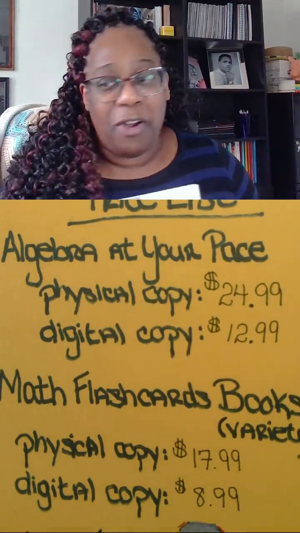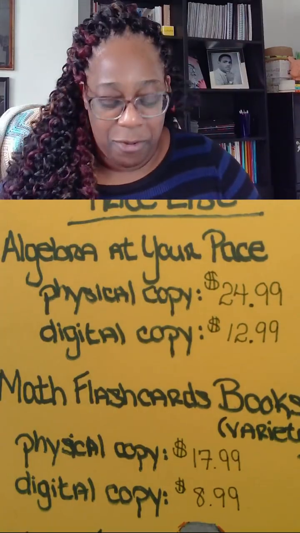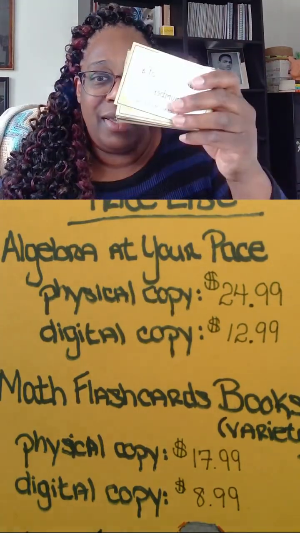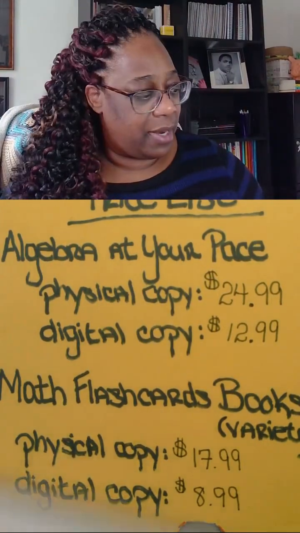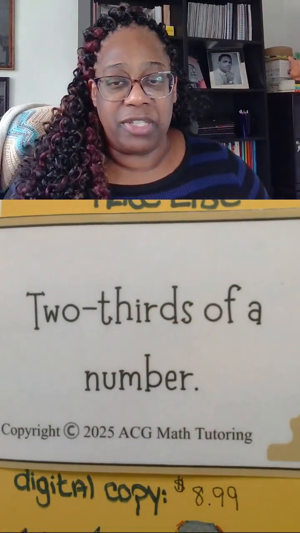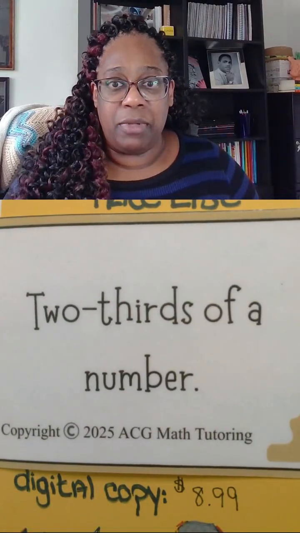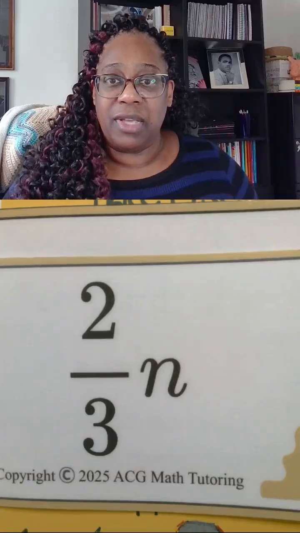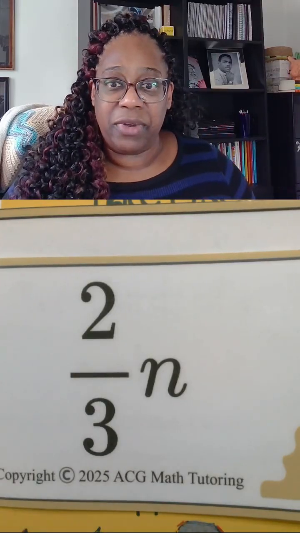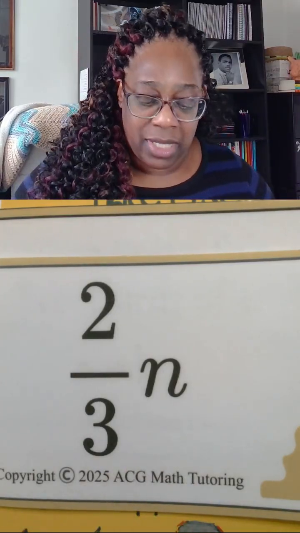I also have, for all of my people that have math phobia and word problems, cards that are going to help you with your word problems. If I say 2/3 of a number, a lot of people are like, I don't know what that is. That's going to be 2/3 of a number, so you're dividing the 2 and the 3, but you're multiplying it by another number.